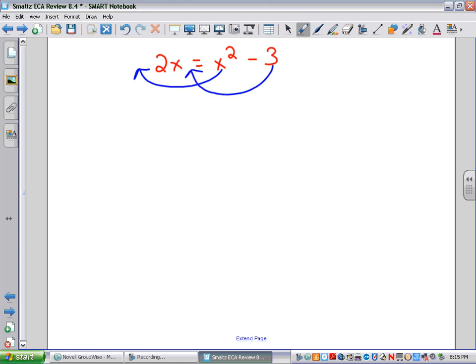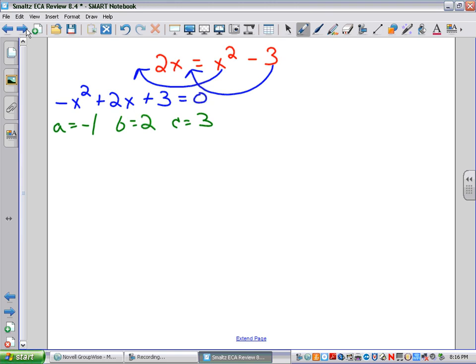To give myself negative x squared, change the sign because you moved it, plus 2x, then move the minus 3 to become plus 3, and then my equals 0. So now my A is negative 1, B is 2, and C is 3.